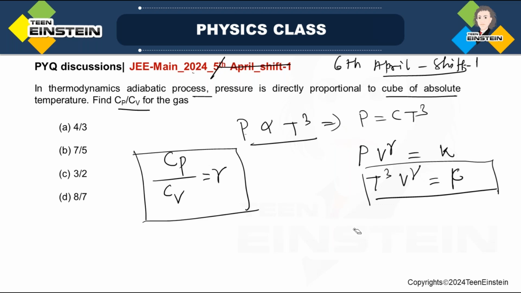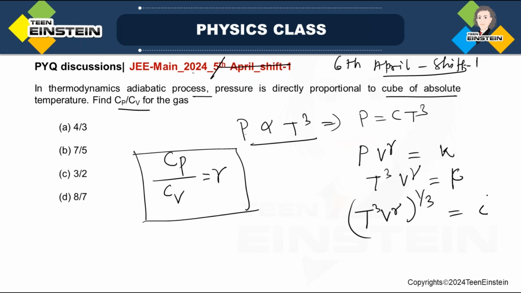Okay, let me do one thing. T cubed V to the power gamma, whole to the power 1/3 on both sides. This is going to give another constant, so I'm not changing it. Let me take this as constant itself.